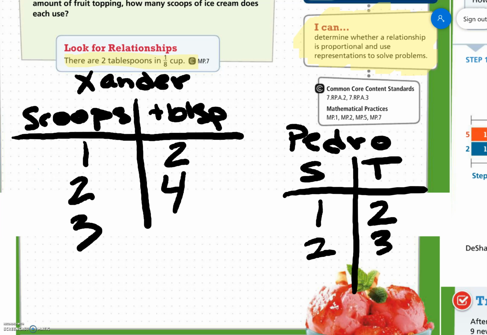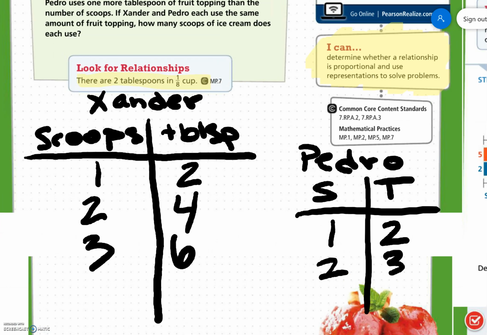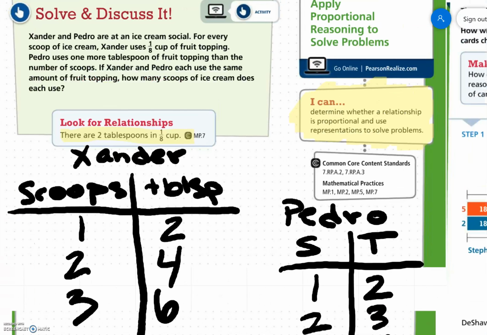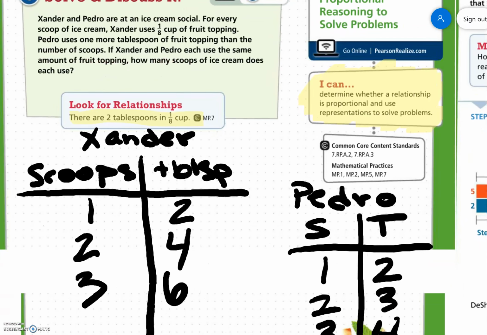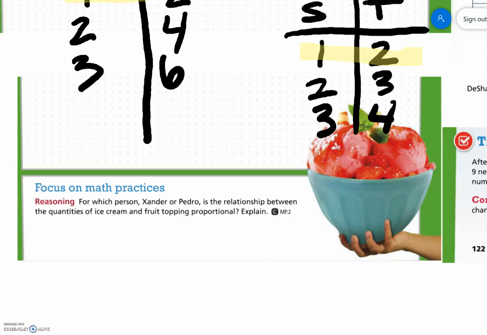Xander's 3 scoops will be 6. Pedro's will be 3 and 4. And it will go on forever and ever. The only time they'll use the same amount of fruit topping is at 1 scoop. They'll choose 2 tablespoons of fruit topping with 1 scoop of ice cream.